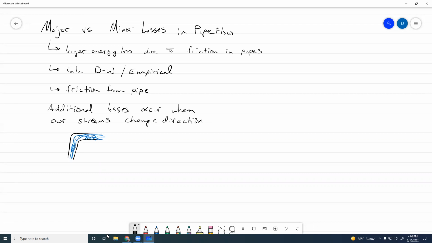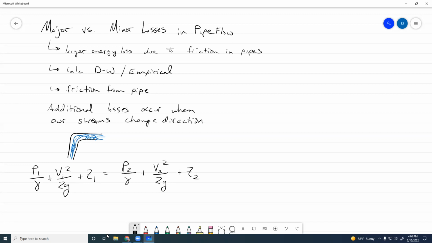So let's bring our minor losses into the energy equation. Let's write out the energy equation together, and let's say it together, because we're going to memorize it. P1 over gamma plus V1 squared over 2g plus Z1 is equal to P2 over gamma plus V2 squared over 2g plus Z2.